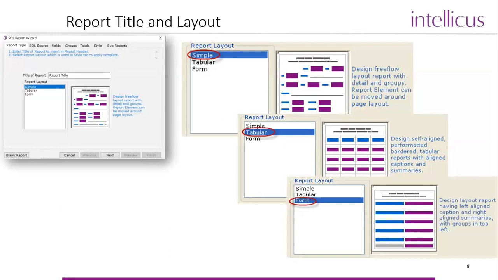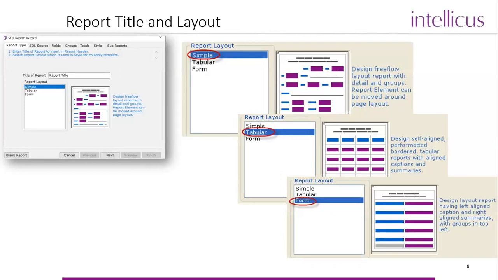For example, simple, wherein a free form report can be designed according to our use case. There is no predefined format or layout provided. When we talk about tabular, it is a self-aligned, pre-formatted bordered tabular report with aligned captions and summaries for groups.